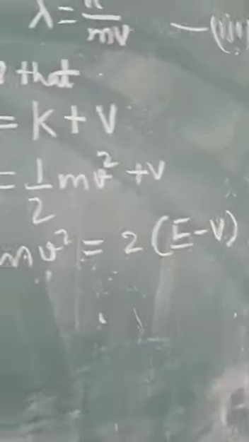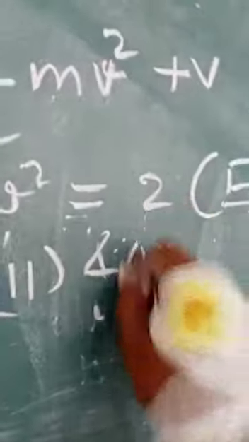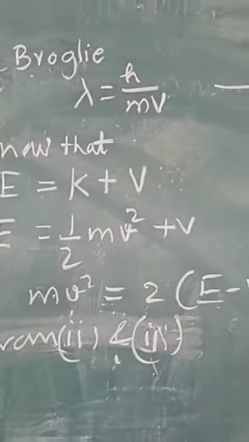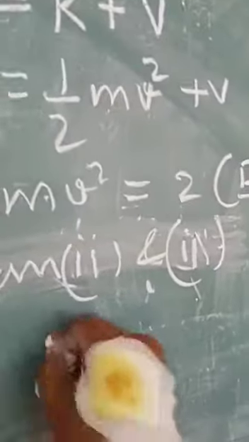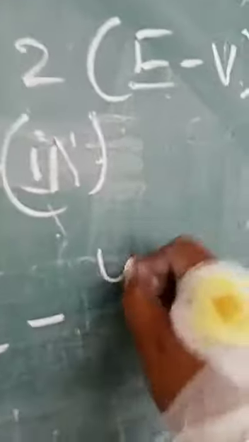So from third and fourth, students, from second and third, putting the value of lambda from the de Broglie equation into equation second, d square psi dx square is equal to minus 4 pi square.